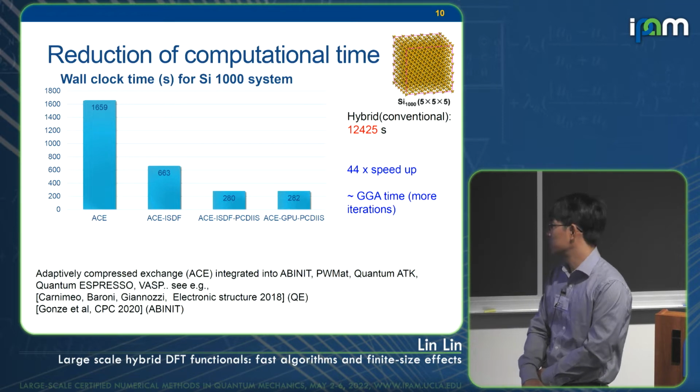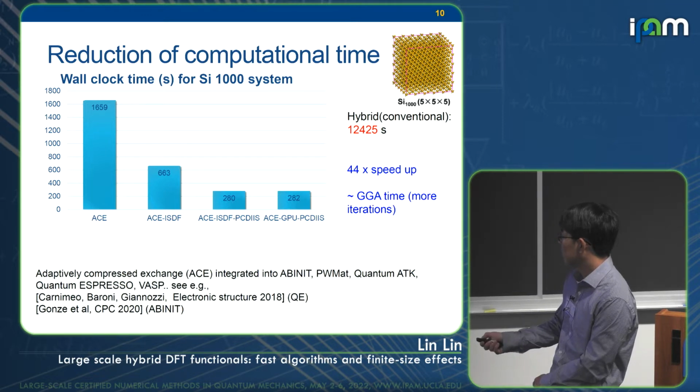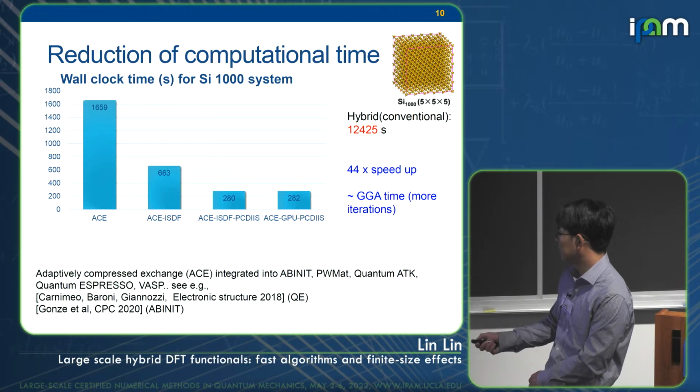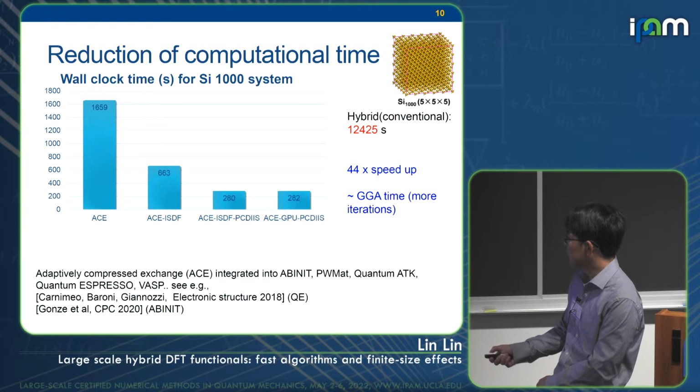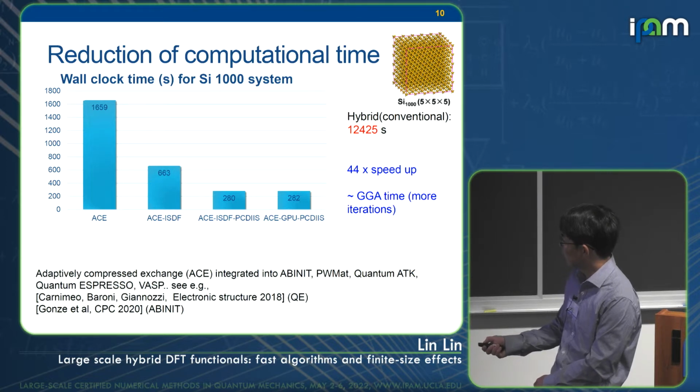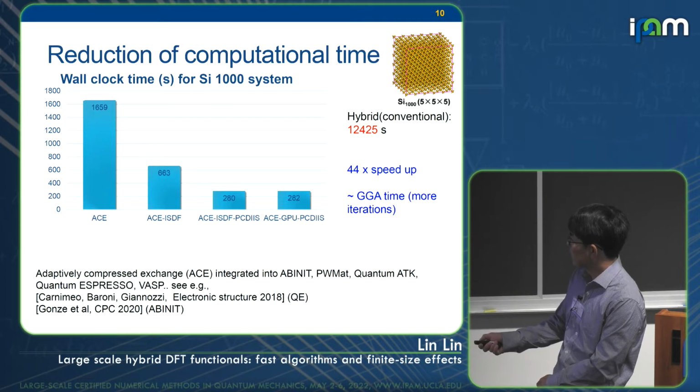And so this strategy has been integrated into a number of community software packages such as Abinit, PWDFT, Quantum ATK, Quantum Espresso, WASP, and so forth. And there have been a few papers on this. For example, one of our speakers, Stefano Baroni, and his group did some work on this in QE, and that was 2018.